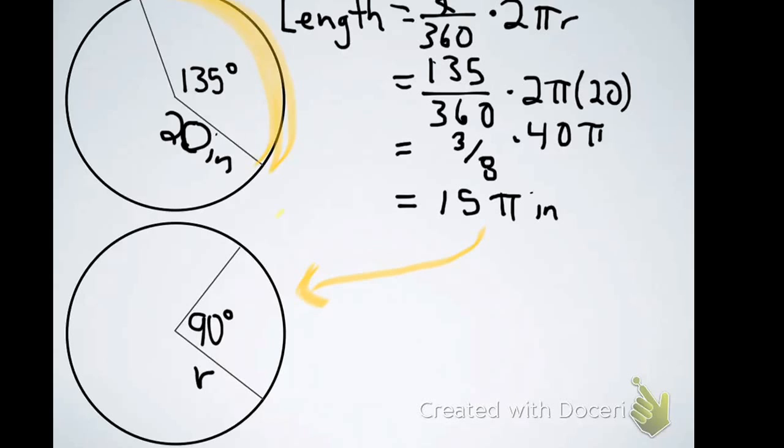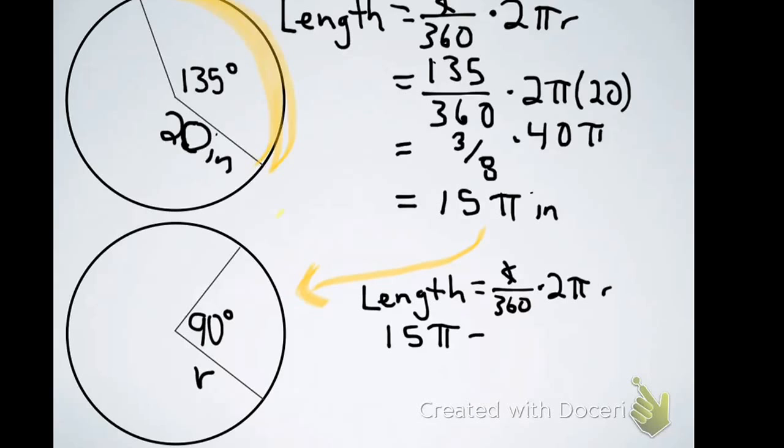So we're still using the parts we know. It's going to be the length equals the angle over 360 times 2 pi r. Length is 15 pi. The angle is 90 over 360 times 2 pi r.